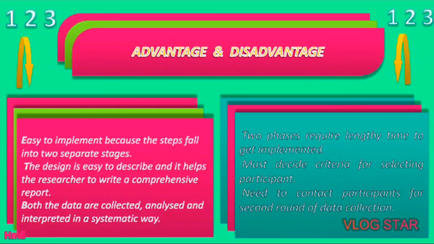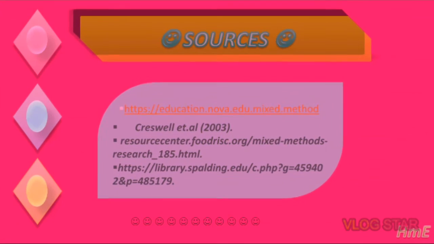The next, need to contact participants for a second round of data collection, because there are two phases or two stages in the data collection. Firstly, he has to collect the quantitative data, and next the qualitative data. So these are the sources.